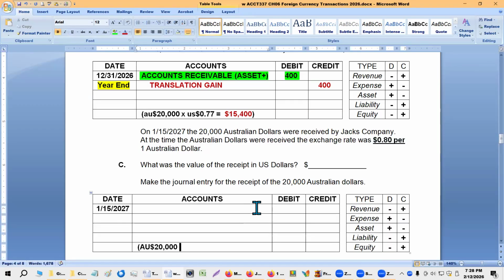Now they send us these 20,000 Australian dollars, and at this point, those are worth, was that 16,000?